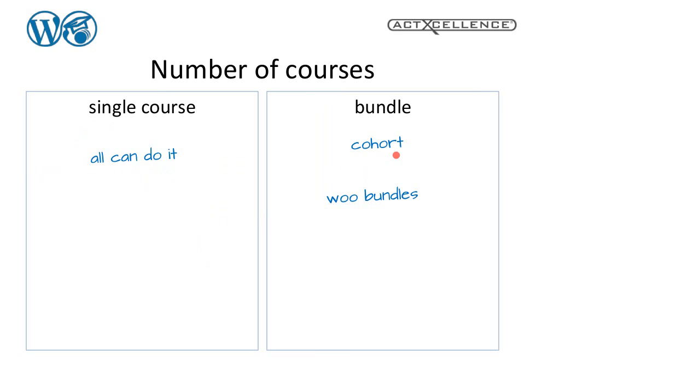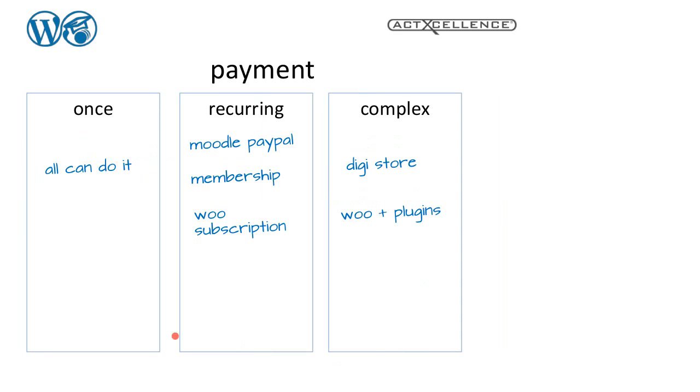With the cohort solution in WordPress to Moodle, you can also sell bundles of enrollment. With the Moodle to WordPress Merchant, you have to add the Woo bundle plugin. And for the payment, one-time payment, that's possible. The recurring payment is possible.